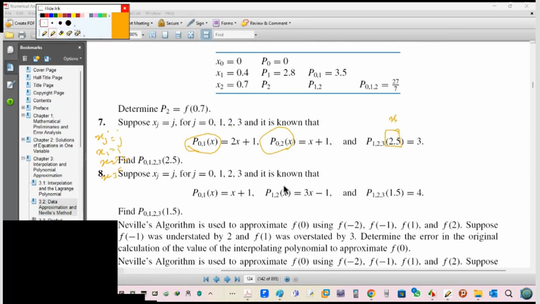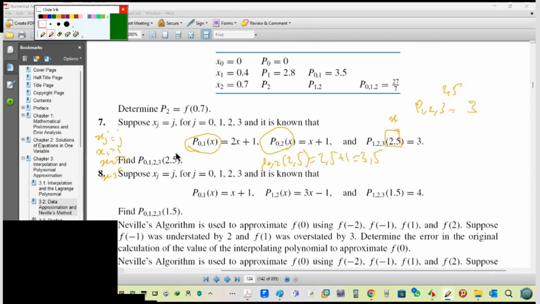This is x. I have p1, 2, 3. It is 3 for 2.5. So here p02 for 2.5 is 2.5 plus 1, it's 3.5. Last question here: B01 for 2.5 is 2 multiplied by 2.5 plus 1, so it is 6. So you can fill the table and find the values.